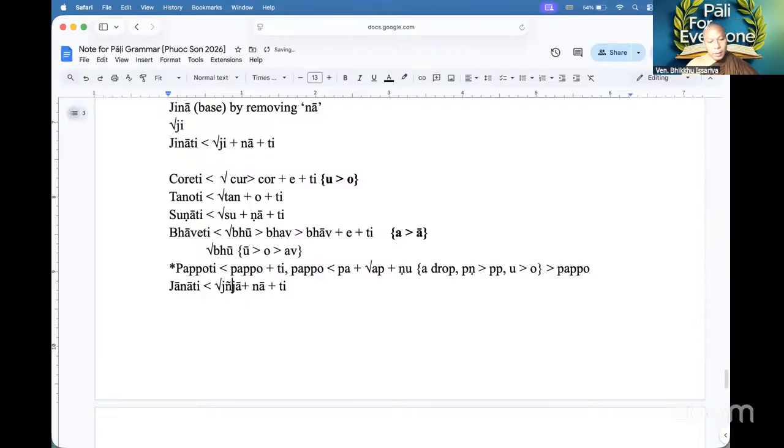So actually Jnya becomes Jja, and then one of them is dropped. So for such a root also, we need to notice. So root Jnya, from that, in some words Jnya becomes Jja, and then one of them is dropped. Or in some words Jnya becomes Nnya. And then maybe in some words one of them is dropped, but sometimes not dropped. So in this way, these two steps, we need to note for this root.